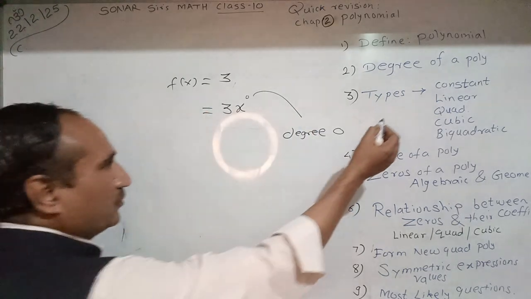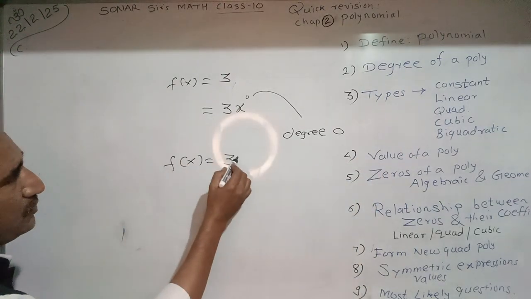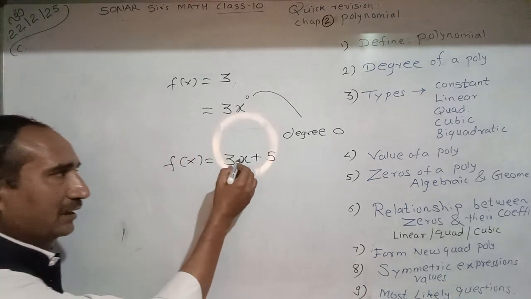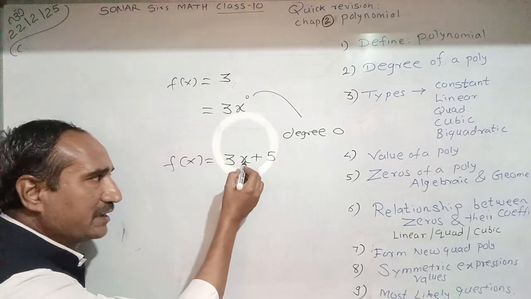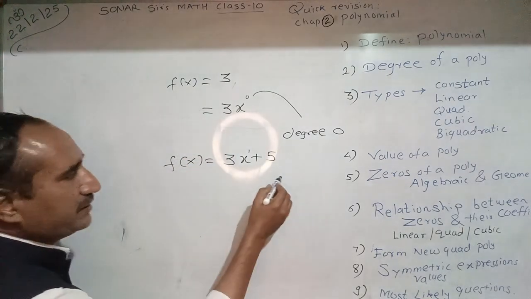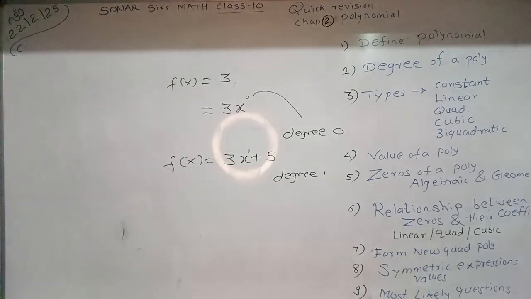Then let's move to the second, linear. So f of x equals 3x plus 5. Now see, the degree means the highest power of the variable, which is 1. Degree is 1. Therefore, this is a linear polynomial.